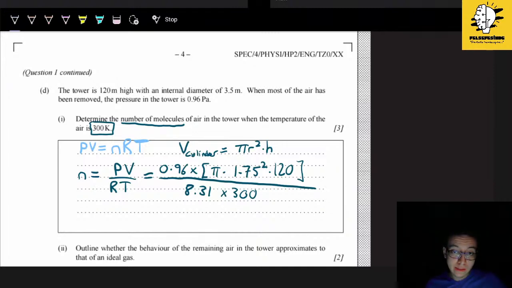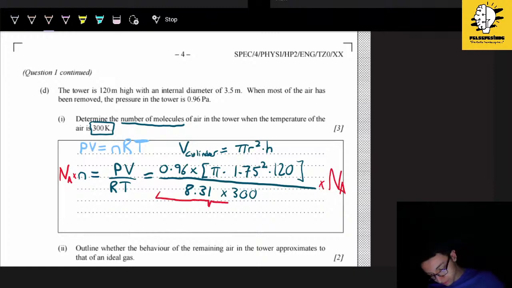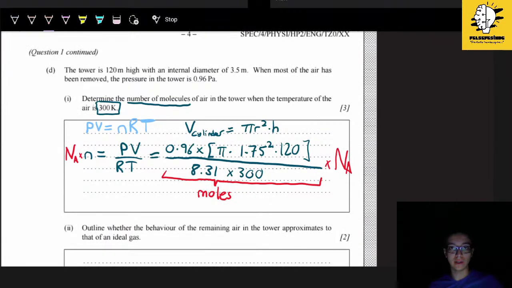Definitely. And making this calculation, we will find the result, and the result in here has to be multiplied by Avogadro's constant. I will write it like this. Both sides have to be multiplied by Avogadro's constant, because this part will give us moles. So moles times Avogadro's constant will give us how many molecules are there inside this.